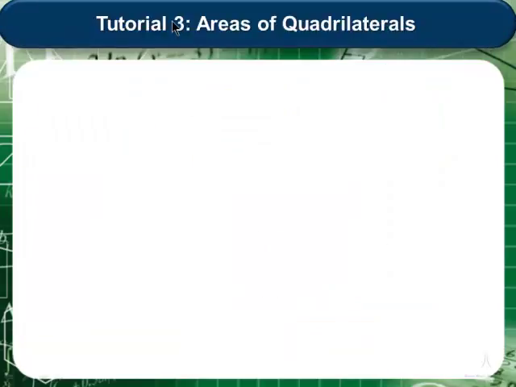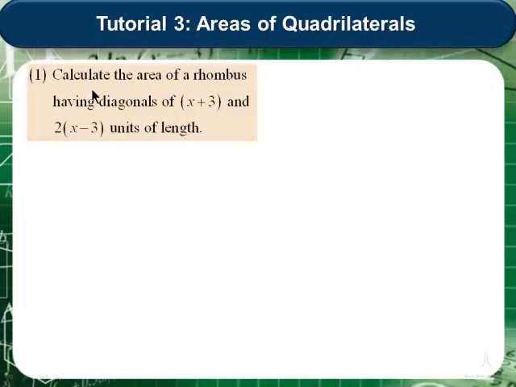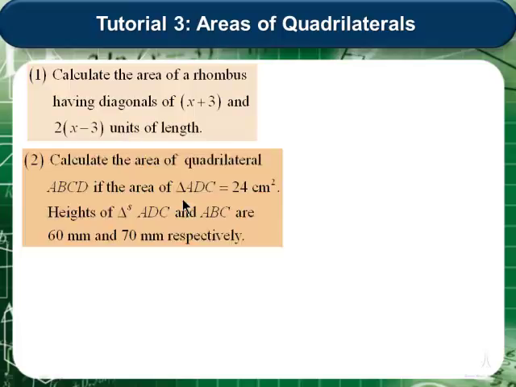We can now look at tutorial 3, dealing with the areas of quadrilaterals. In the first one, you need to calculate the area of a rhombus having diagonals x plus 3 and 2 times x minus 3 units of length, obviously in terms of x. In the second one, you have a quadrilateral ABCD.